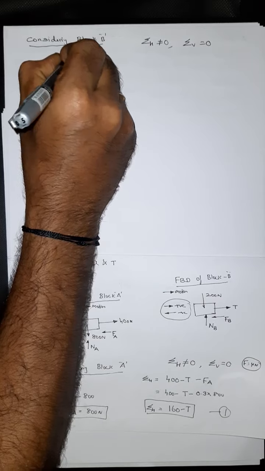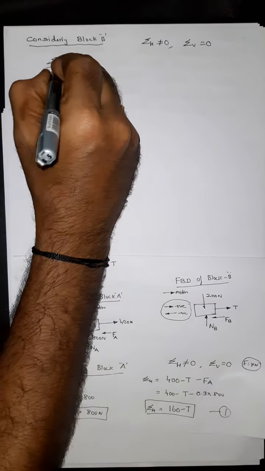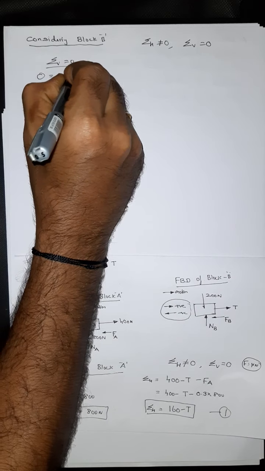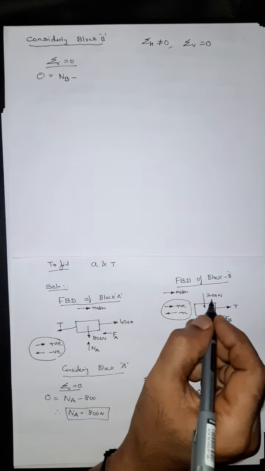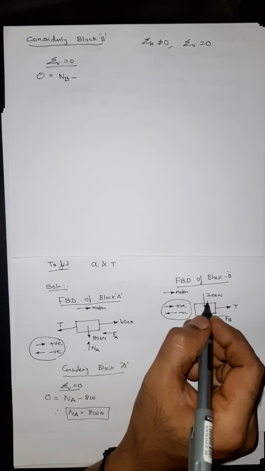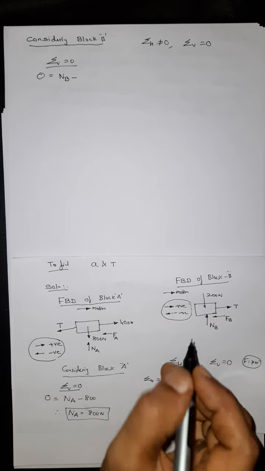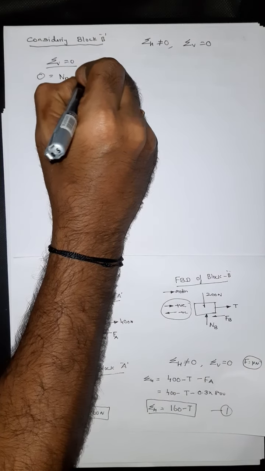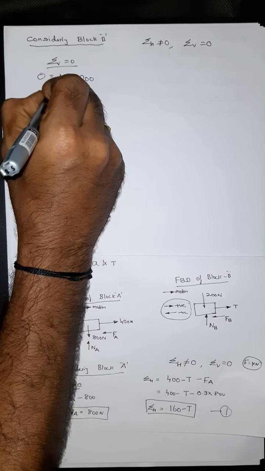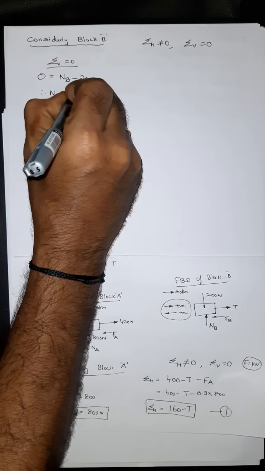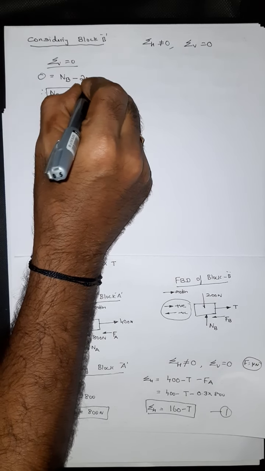Summation V equal to 0, 0 equals NB, which is acting vertically upwards, so positive sign, minus 200 because the weight is acting vertically downwards. Therefore NB equals 200 Newton.